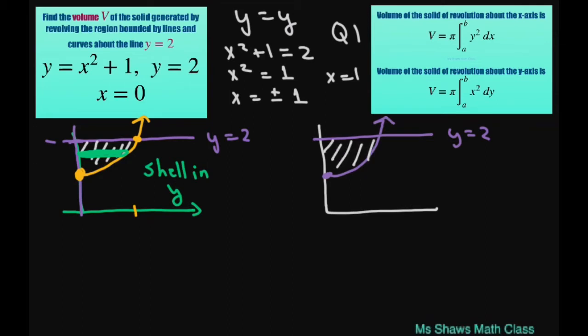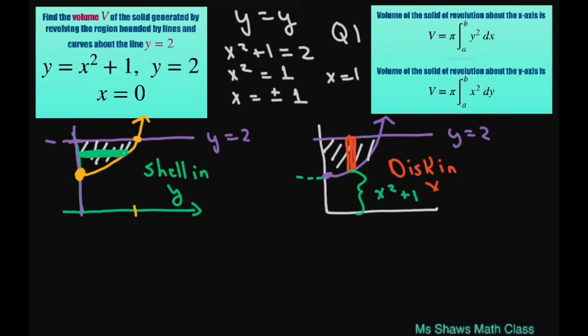If I look at this part for the radius, this is the disk in x. And this part right in here would be x squared plus 1.